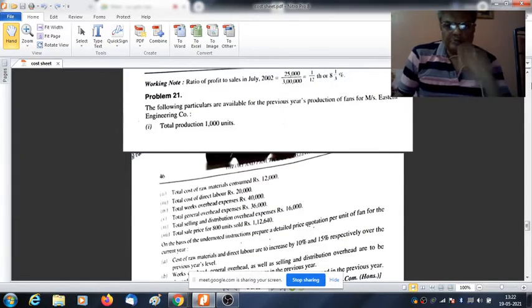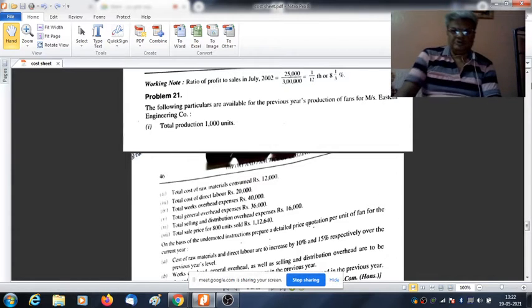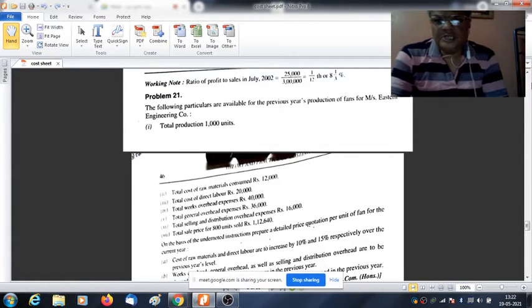Can you see the problem? Tell me, is it visible? Yes, sir. Basically, it's a master problem. If you understand how to solve this, you can solve any estimated cost.